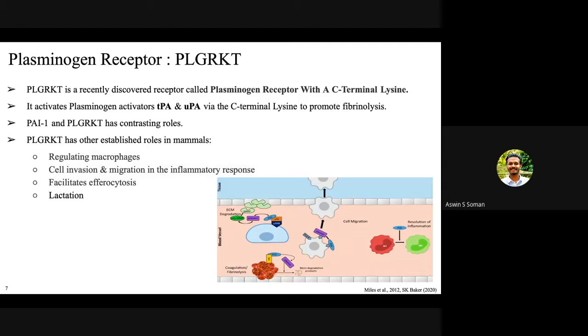Now, the PAI1 gene, which is one component in this regulation, has not been found in chicken, while the other component, PLGRKT, its function has never been studied in birds.